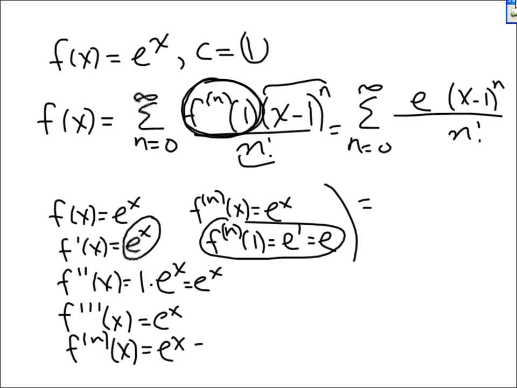Like I said, my style is to factor out constants. It's e times the summation of x take away 1 to the nth power over n factorial. N goes from 0 to infinity. Then there it is. That's one other way of writing e to the x.